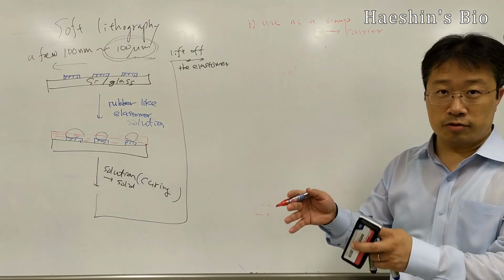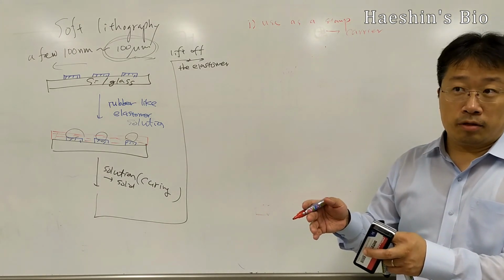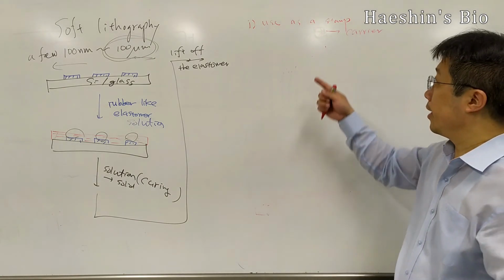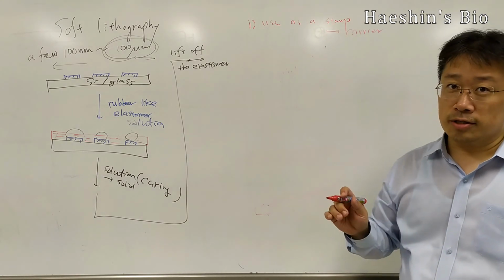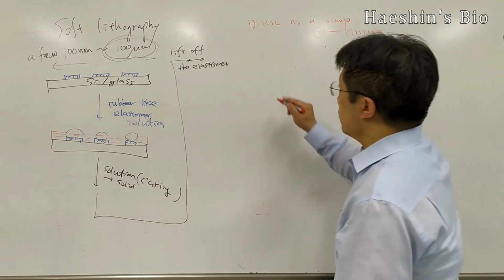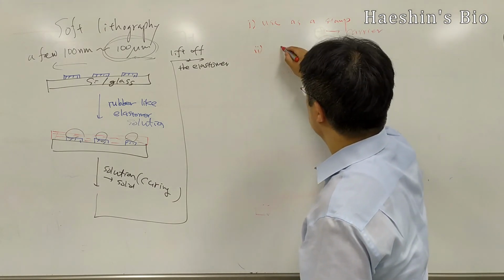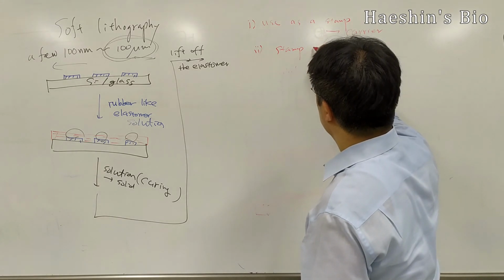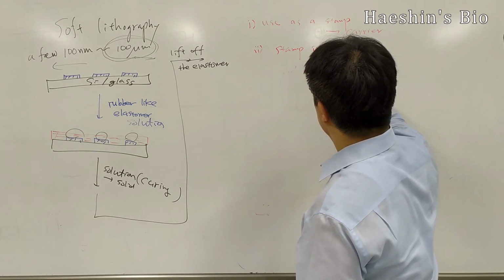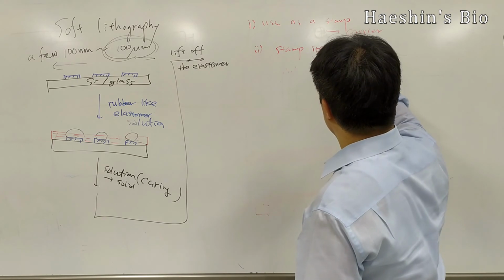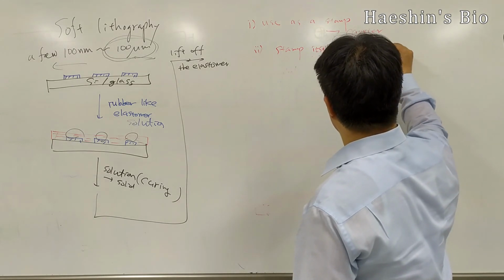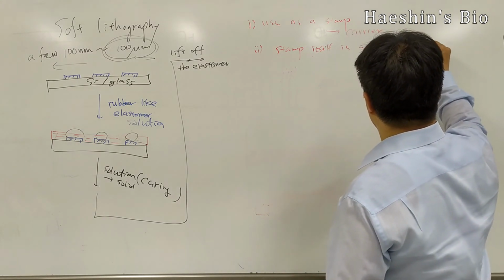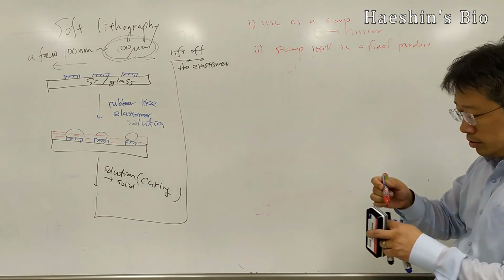The molecule is the final thing that you want to have, but the stamp by itself is useless. But in case number 2, the stamp itself is a final product.